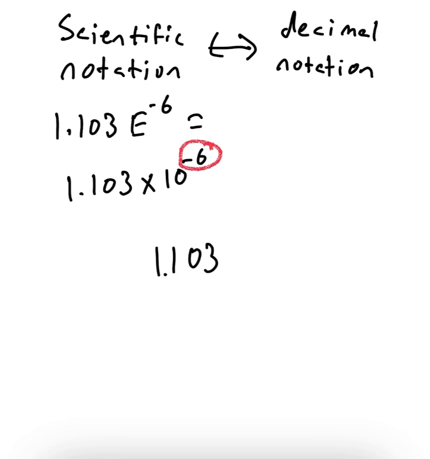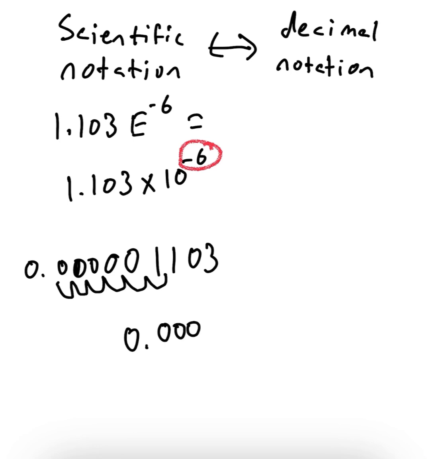And with the negative exponent, we're going to move our arcs to the left. 1, 2, 3, 4, 5, 6. And we'll fill our arcs with zeros. Remember, since we went to the left, we have an extra 0 for our decimal point to end where our arcs end. Our answer is going to be 0.000001103.